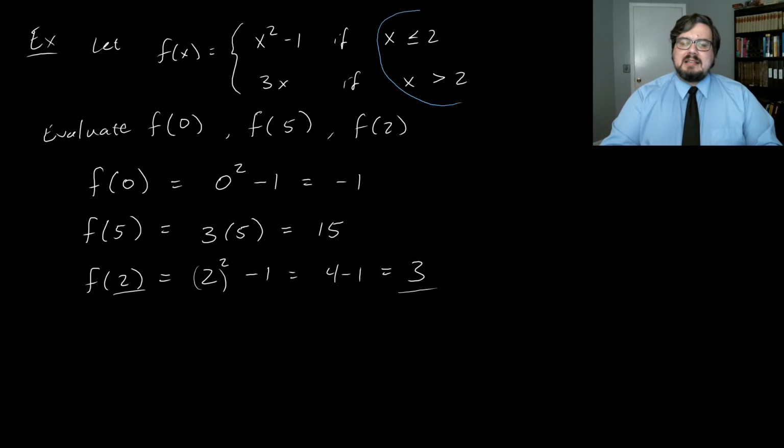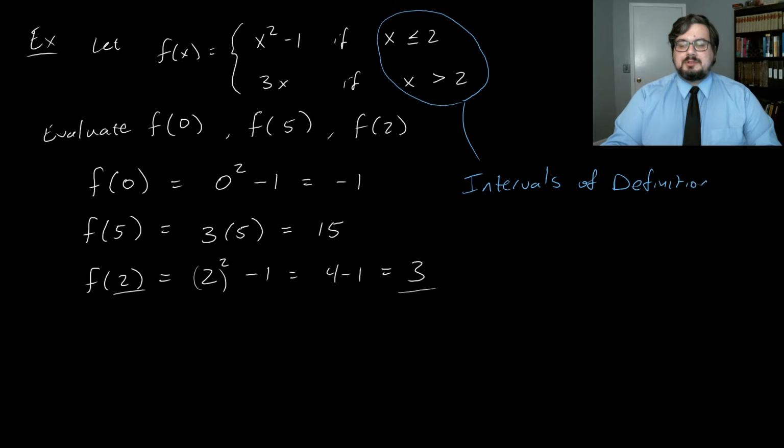So this last bit illustrates an absolutely vital piece of defining piecewise defined functions here. The intervals of definition, these intervals over here, which define when we use each of the formulas in the problem, they cannot overlap.